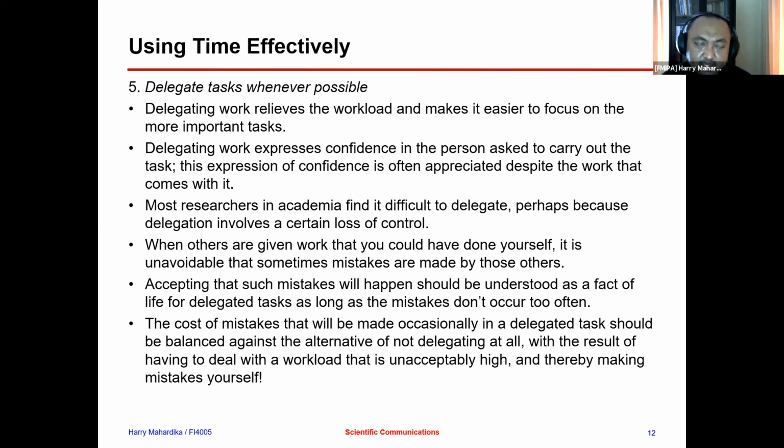Okay, next is delegate tasks wherever possible. If you delegate, or ask your colleague to do your work, later on you can return the favor. Delegating work relieves the workload and makes it easier to focus on more important tasks. Delegating work expresses confidence in the person asked to carry out the task.